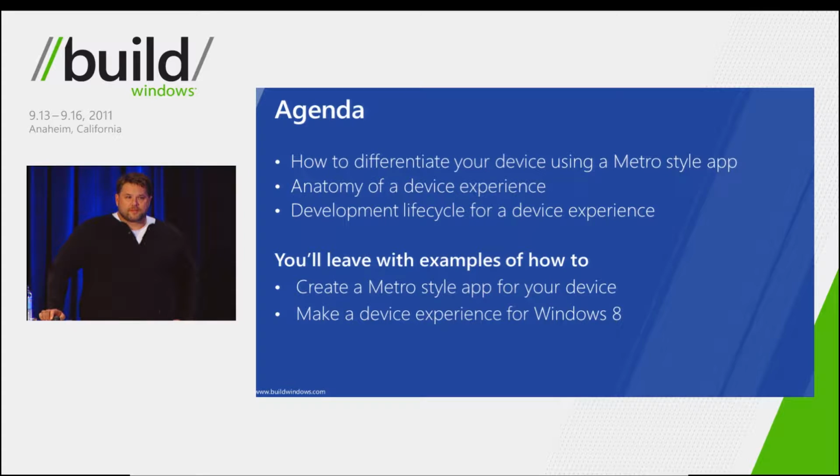We're going to spend some time looking at the anatomy of one of these things and how all the different parts come together. And then talk about some ideas, recommendations and considerations that we'd like you to keep in mind when you're thinking about developing a device experience, really taking the development life cycle as a way to look at that. We'll have plenty of time for questions afterwards.